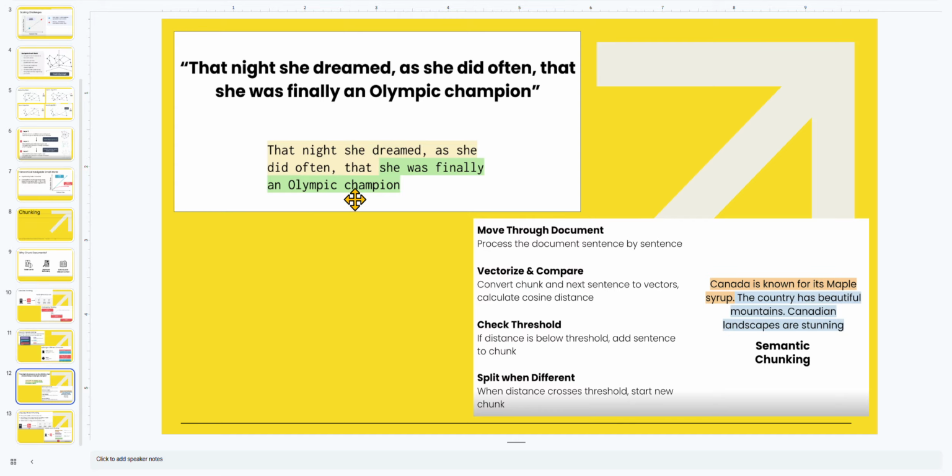Let's say in our chunking strategy, this beige colored sentence was one chunk, and this green colored part was another chunk. Then if you ask the question, did she finally become an Olympic champion? We will get the answer, yes, she finally became an Olympic champion. But the reality is that she was still only dreaming of becoming an Olympic champion. So this is a huge problem.